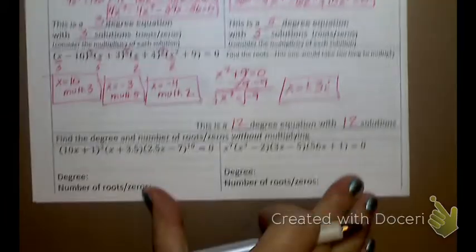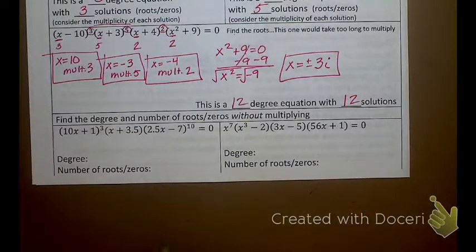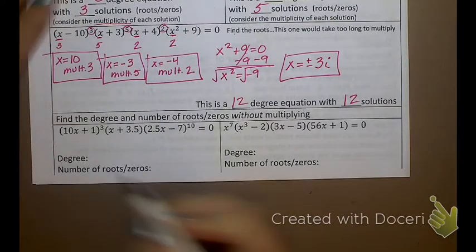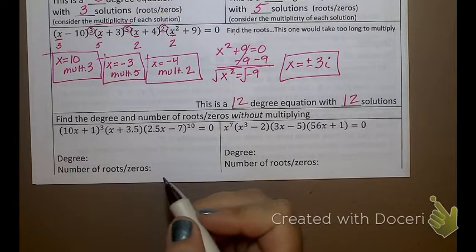All right. While I'm passing out the homework, see if you can find the degree and the number of roots. You don't have to solve them. Just tell me what the degree is and the number of roots. Do you notice that the degree and the number of the roots is the same?